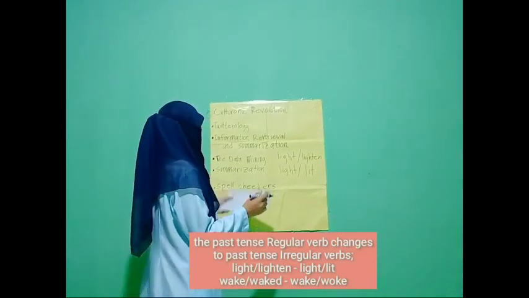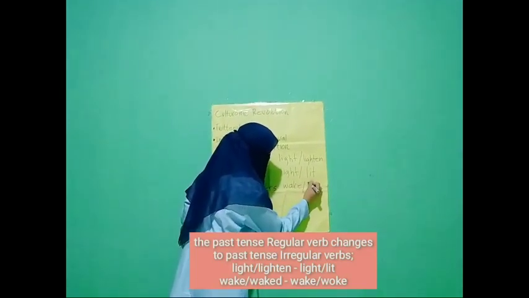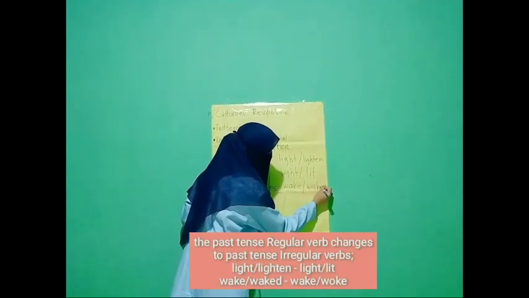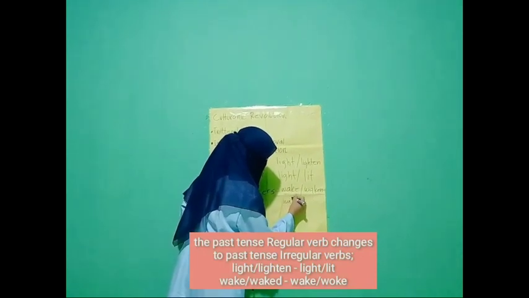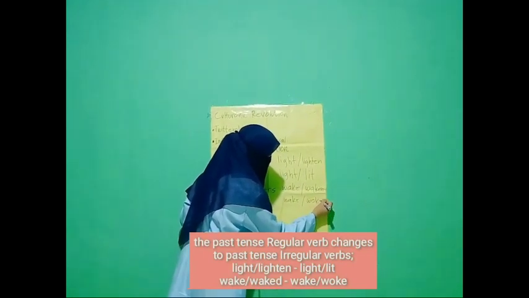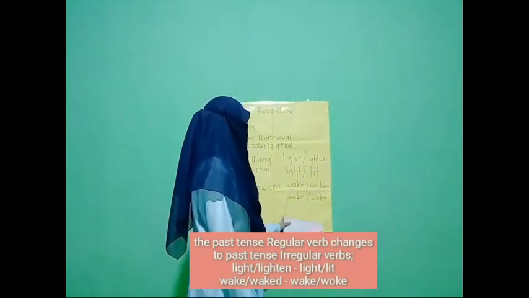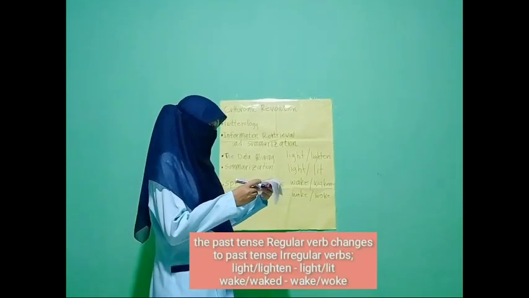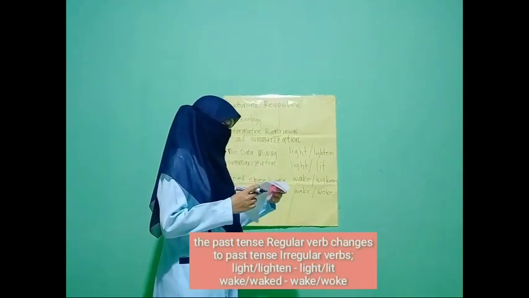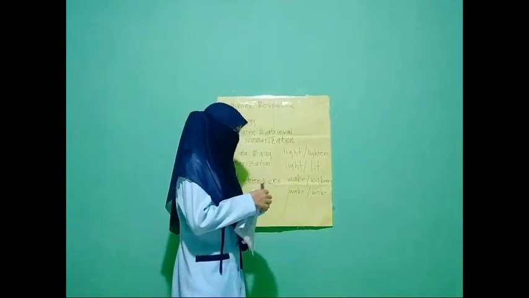Another example, so as we observe, the past tense of wake can be changed to the irregular verb woke. And it is all about the culturomics revolution, the changing of words in every year or every decade.